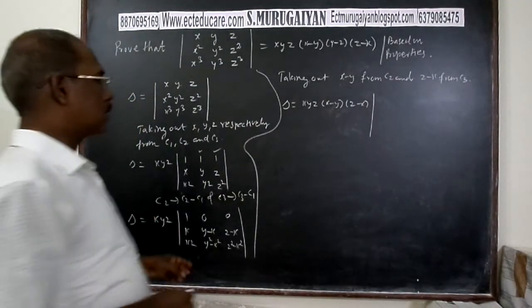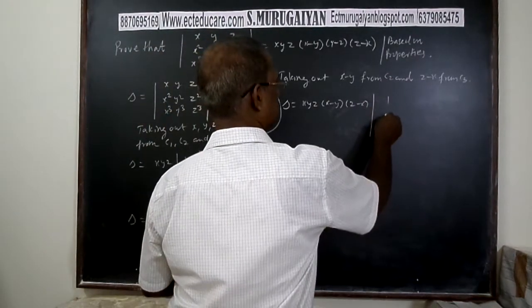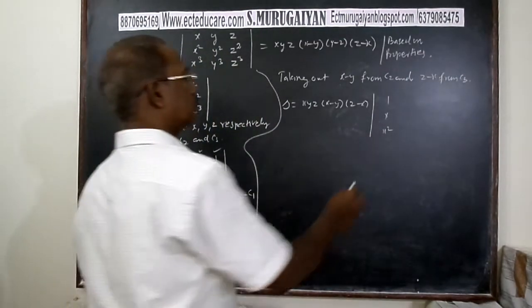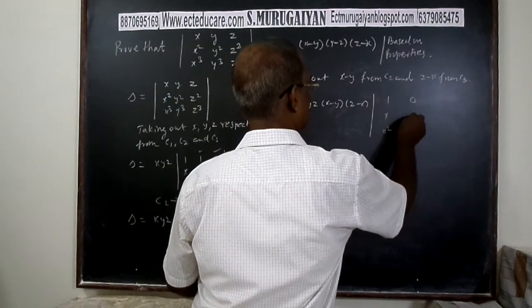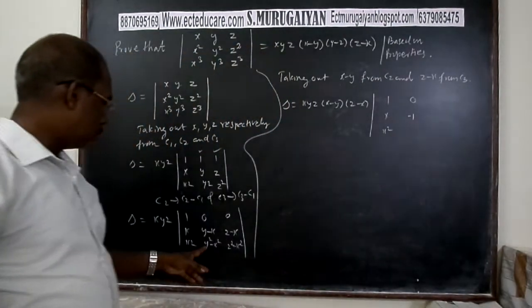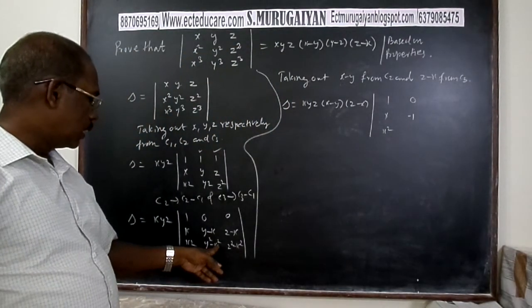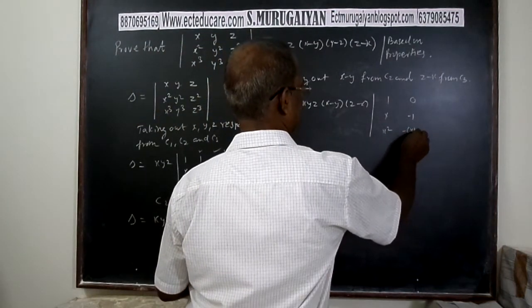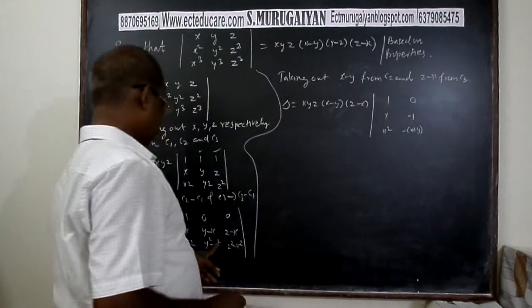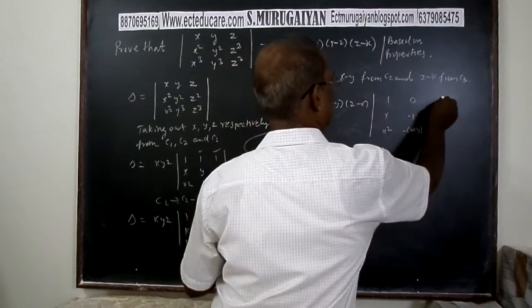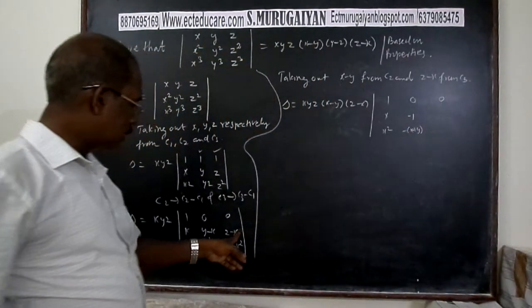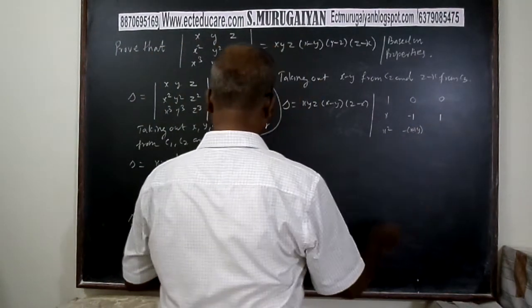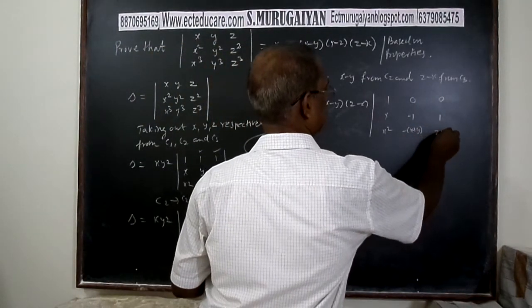Then 1, x, x square in the first column. Then 0, minus 1, minus of x plus y, since y minus x is taken out and y plus x remains. And 0, 1, z plus x, since z minus x is taken out.